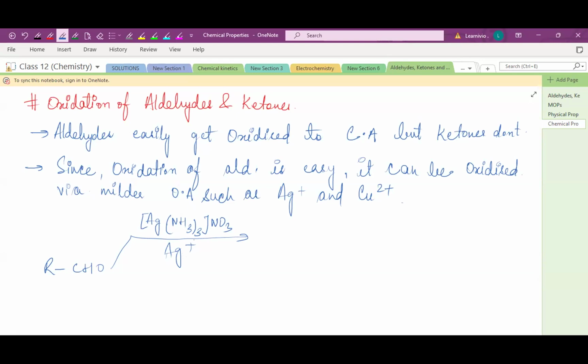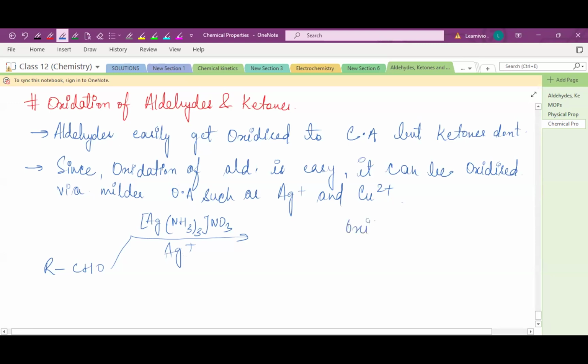Hmm? Yes, Jupiter? Loss of electron. Are you sure? I'm asking for the reduction. Gain of electron. Obviously, if there is no loss, there will be no gain, right?